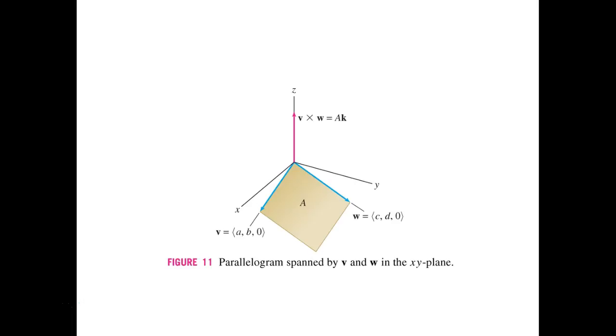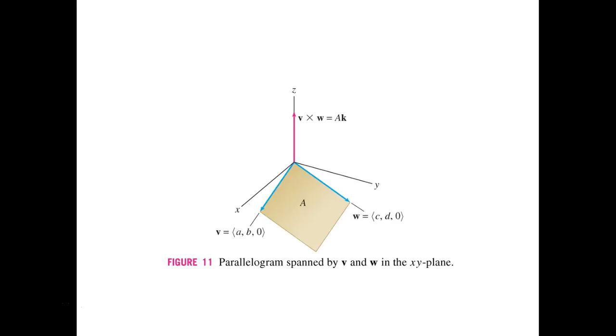But then when you do the K component, basically you can just consider these two, AD minus BC. That's going to be the area here. That's going to be the magnitude of your V cross W, so that's why they put A K.